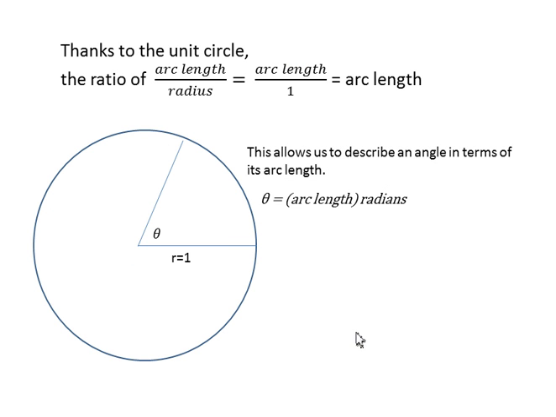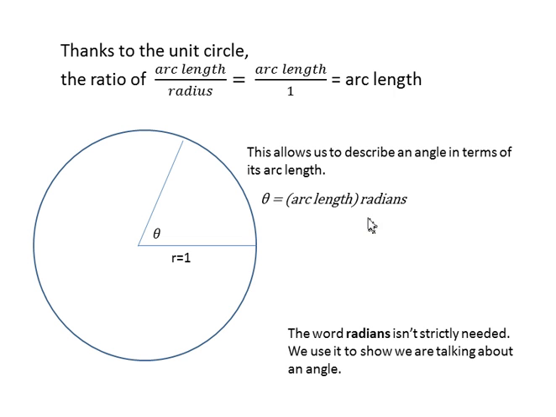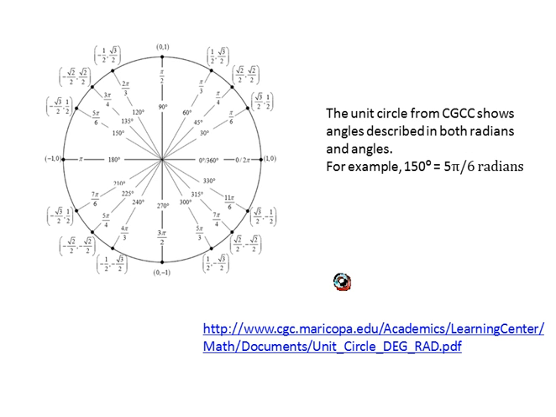And so we get a nice, even way of describing our theta. We just say theta is however many arc lengths we have, in radians. Sometimes the word radian isn't included. It doesn't have to be there, but we like to include it to show that we are talking about an angle.